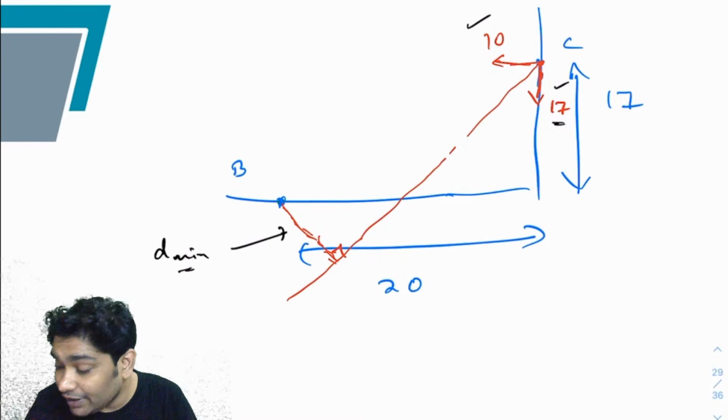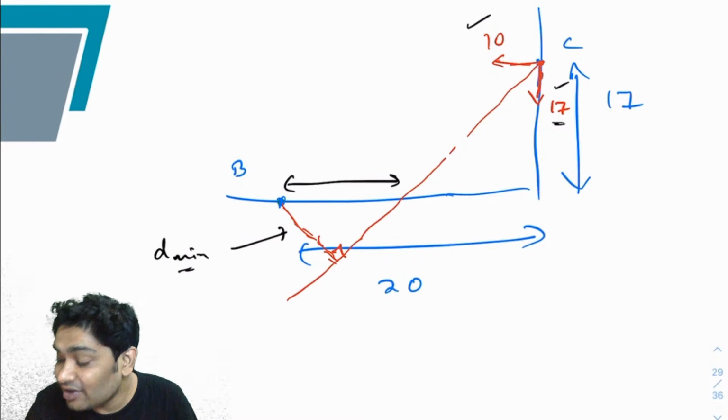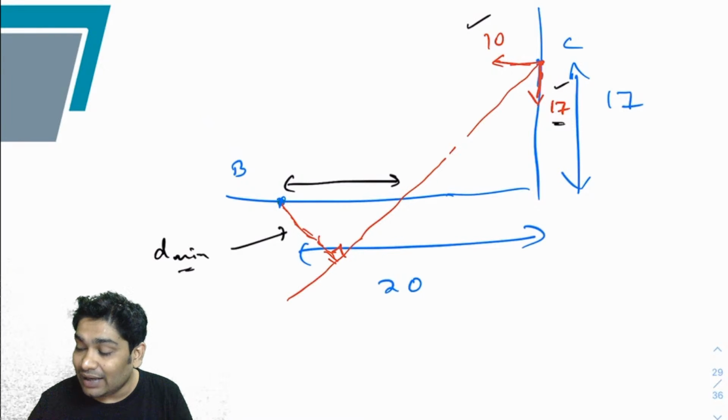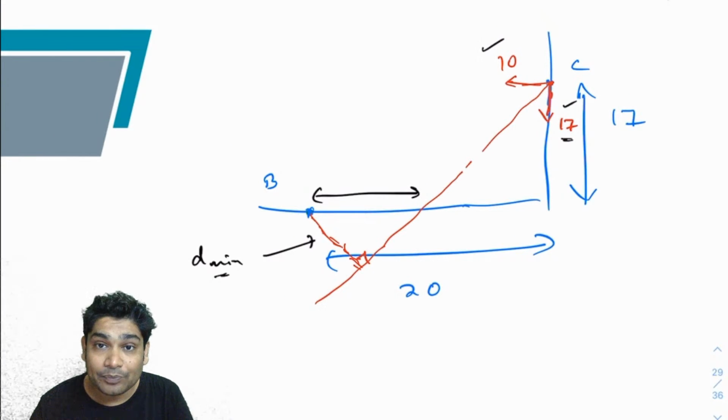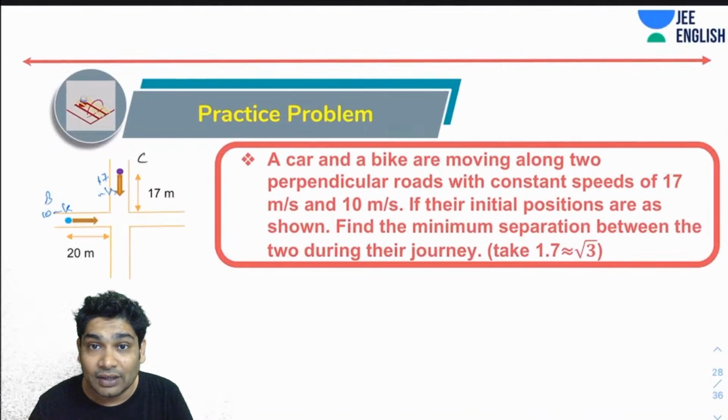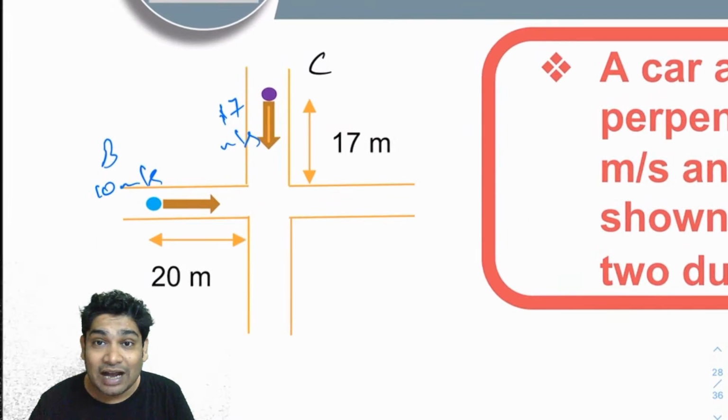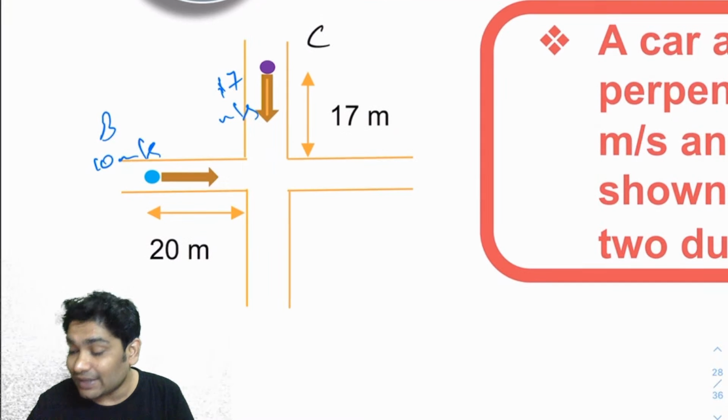So for this, I already know what this distance is. This is when the car is right in front of the bike. So let's go back to the figure. What happens after 1 second? Imagine after 1 second, the bike is here, the car is here. All right, at t equals 1 second. So what is the distance between the car and the bike?